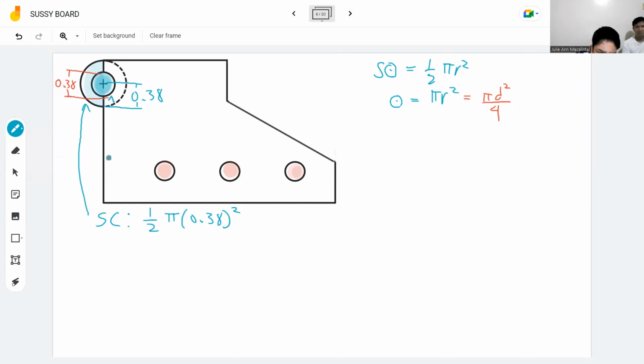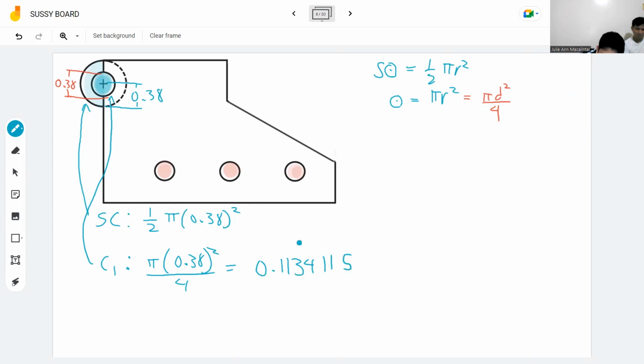So the inner circle, I will refer to it as circle 1, is equal to pi times 0.38 squared over 4. So this is equal to 0.1134115, and this one is equal to 12.2268230.